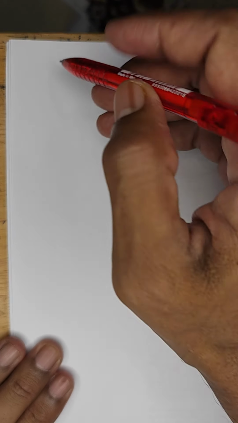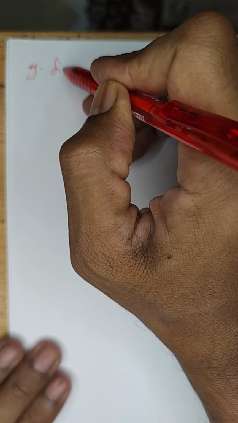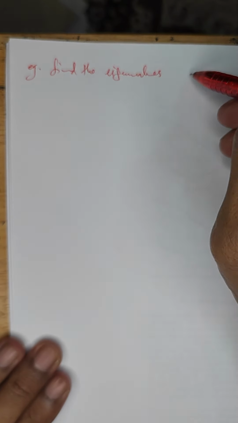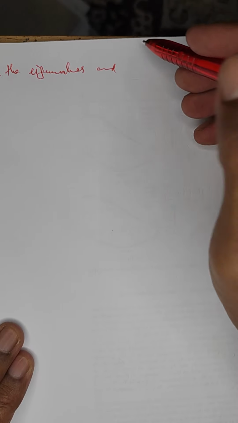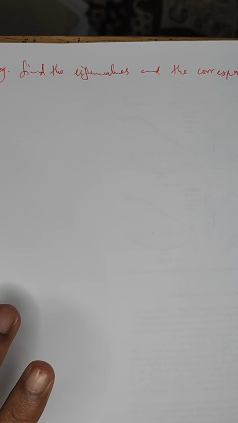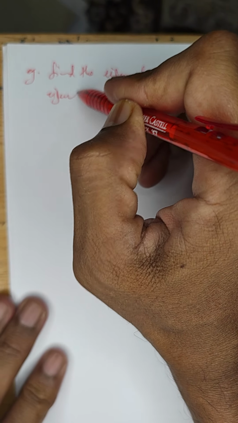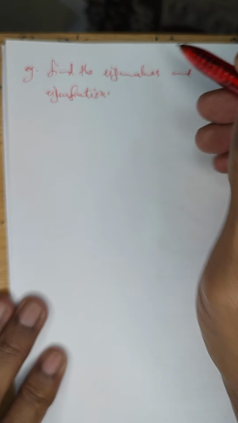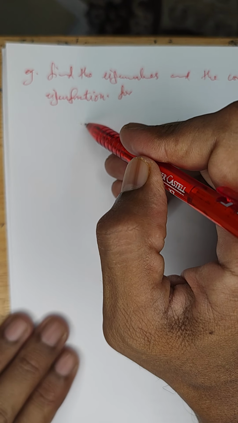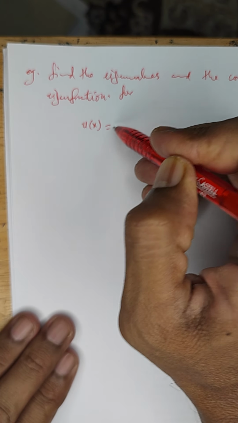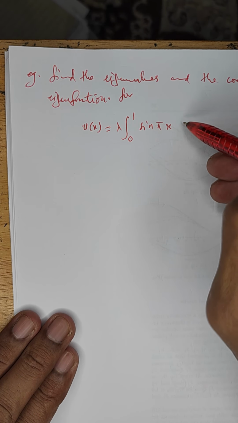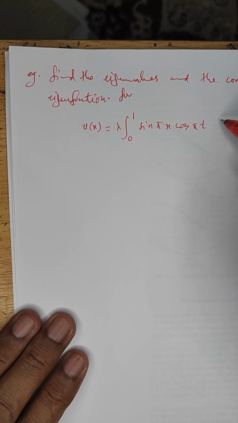Now, example: we want to find the eigenvalue and the corresponding eigenfunction for the homogeneous Fredholm integral equation u(x) is equal to lambda integrate 0 to 1 sine pi x cos pi t u(t) dt.